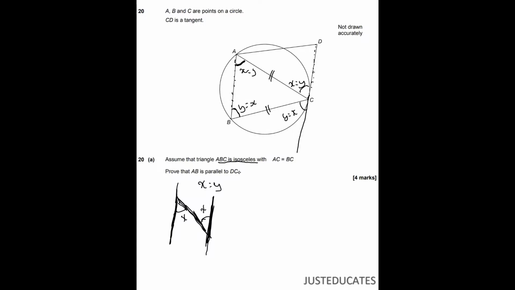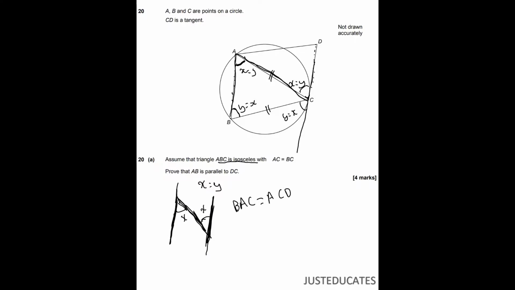So what we're saying is BAC must equal ACD. And we know that's true because this is an isosceles triangle, so that angle does indeed equal that.